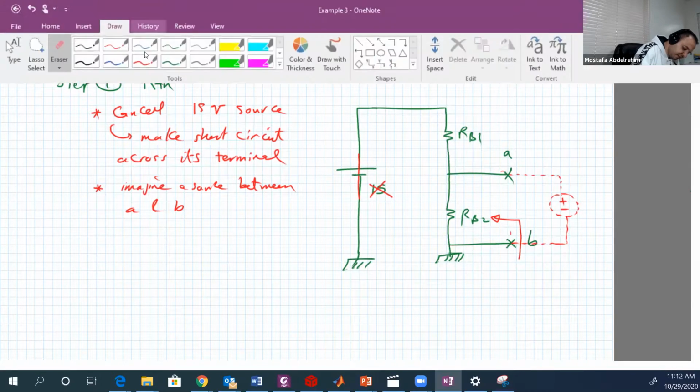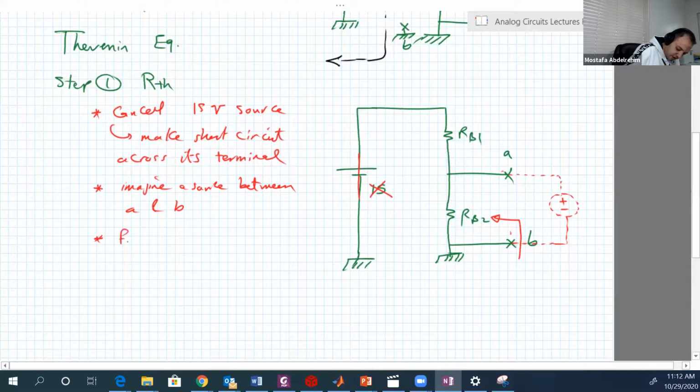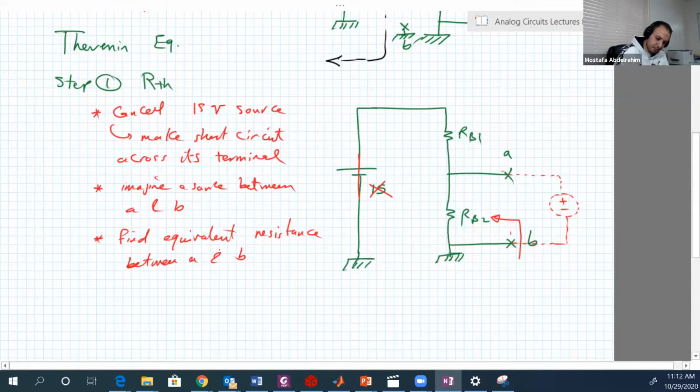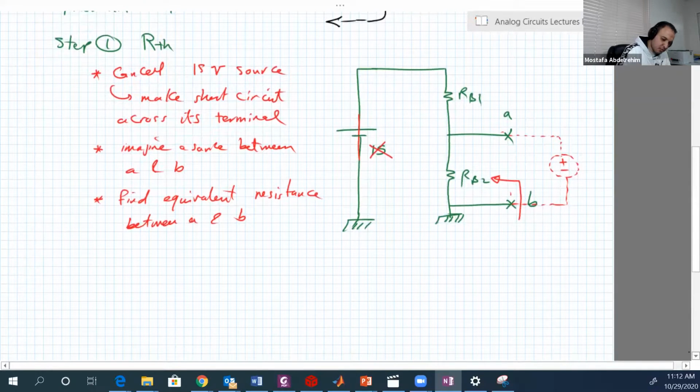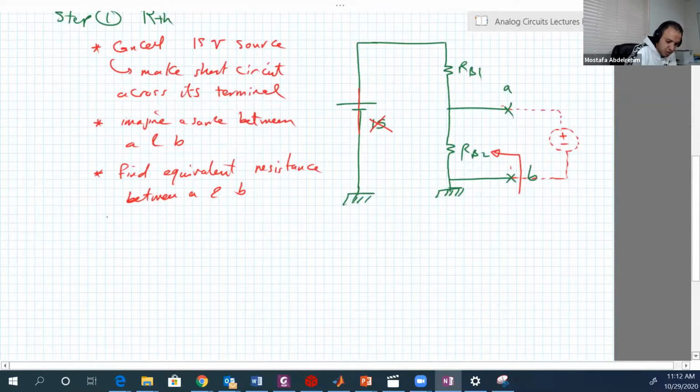So then find the equivalent resistance between A and B, which will be in that case: RB2 between A and B, and RB1 also between A and B, because now this is short and this is B, which is the ground.